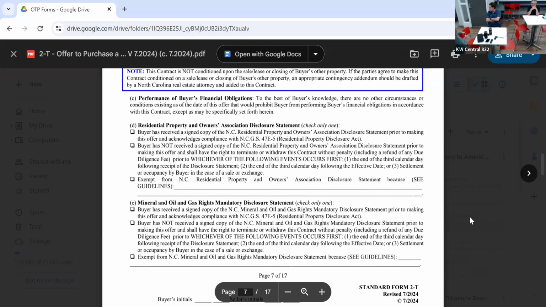Ask for the cooperative compensation at the same time you ask for the RPD, because don't put an offer in without an RPD. If you put an offer in without an RPD, I think you're doing a disservice to your buyer.